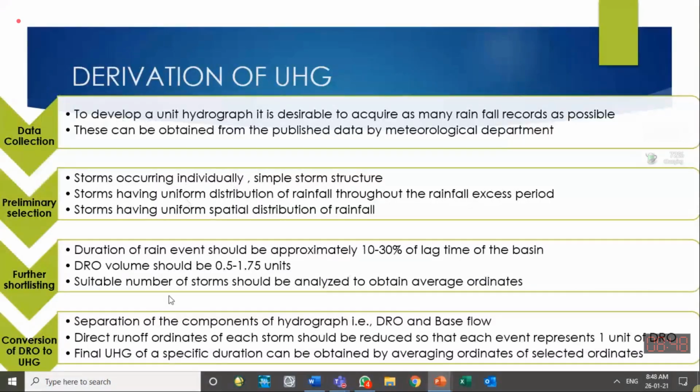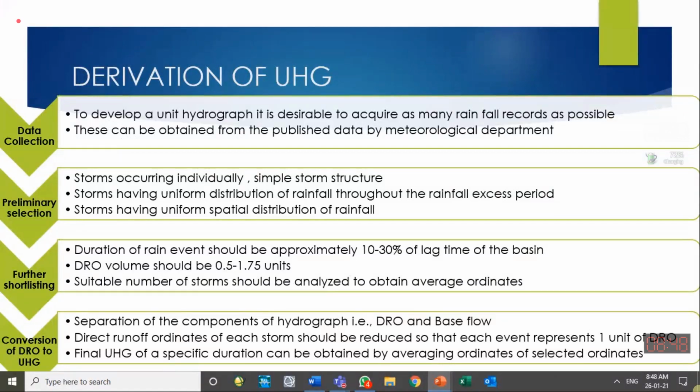Derivation of the unit hydrograph: these steps we have done. I will just repeat them in a quick way. To develop a unit hydrograph, it is desirable to acquire as many rainfall records as possible for the same duration storm. First we decide for which storm duration is important for us. Time of concentration will help in this way.